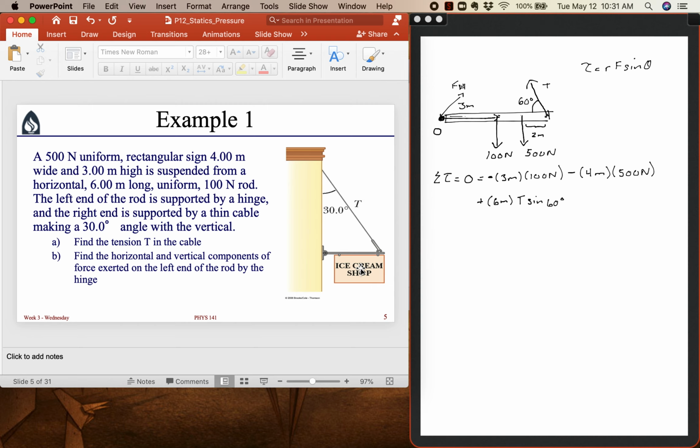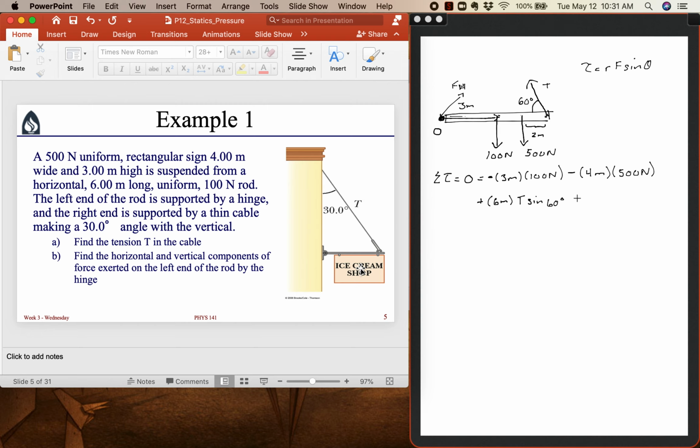Oh wait, there's one more torque, or one more force on my rod, and that's this hinge force. So the hinge force is exerted at an unknown angle, and it has an unknown amount, but what is its moment arm? Well, the hinge force is applied at the hinge, and I've designated the hinge as my origin, so the distance from the hinge to where this force is applied is 0.